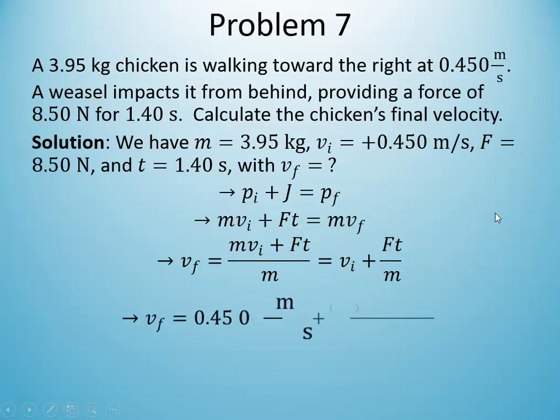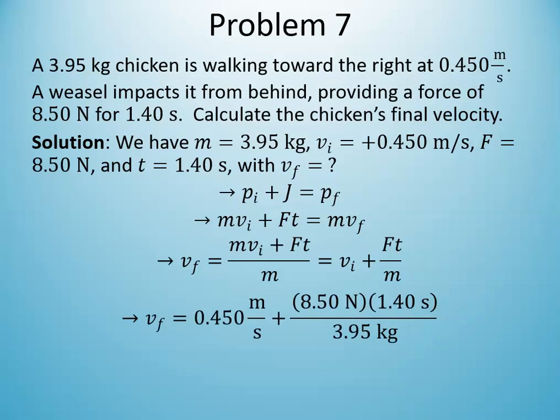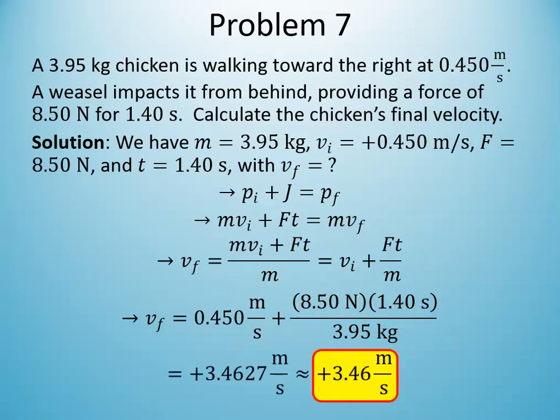So we plug in our numbers, remembering that a newton is a kilogram times a meter per square second, so the kilograms cancel, meter per square second times seconds is meters per second, so the units work out. You get 3.46 meters per second. That is the chicken's final velocity, 3.46 meters per second toward the right.